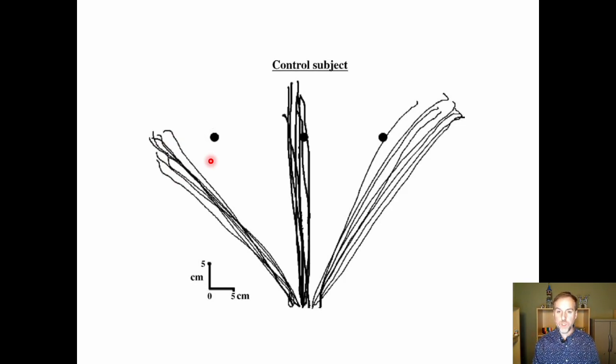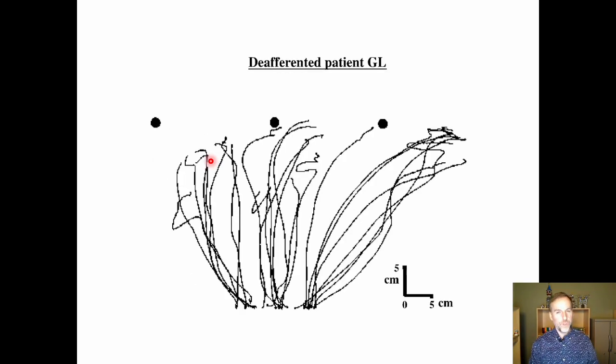What happens with GL? So it looks a lot worse. The good news is she can still move. So just like I said with Ian Waterman, when he closes his eyes, he can still make movements with open loop control. GL is doing the same. And we do see that these movements are more to the left, these ones are more to the middle, and these ones are more to the right.